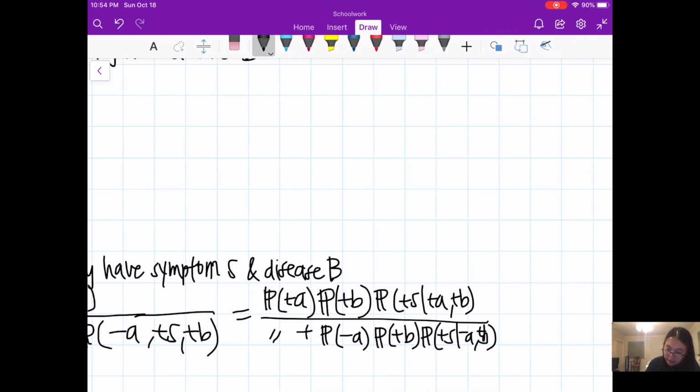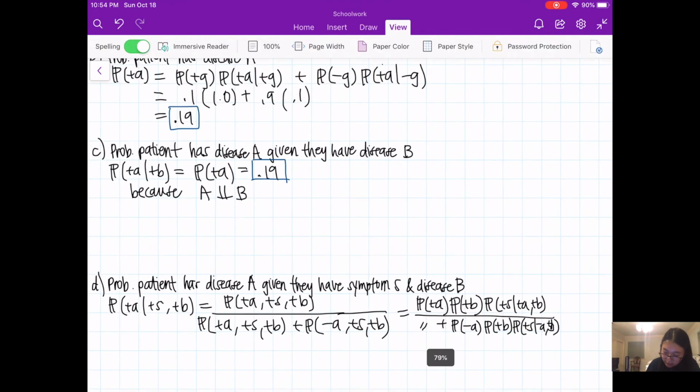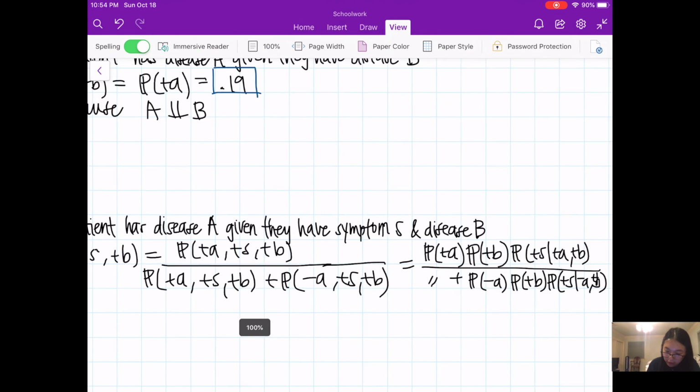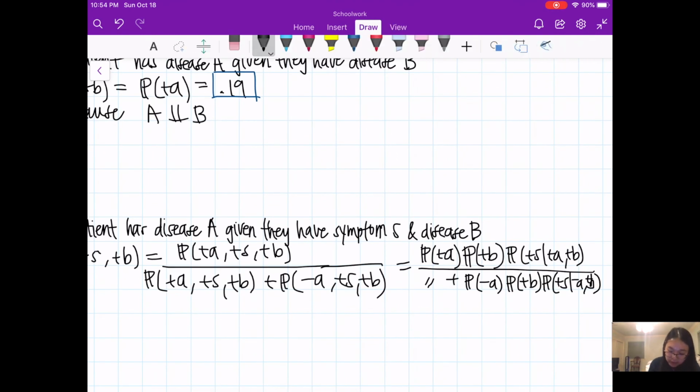Cool. And then now we have all of these values, so we can plug it in and actually solve for what this probability is. So the value specifically will be, I think, 0.19 times 0.4 and then times 1.0. And you have those three multiplied together again in the denominator.